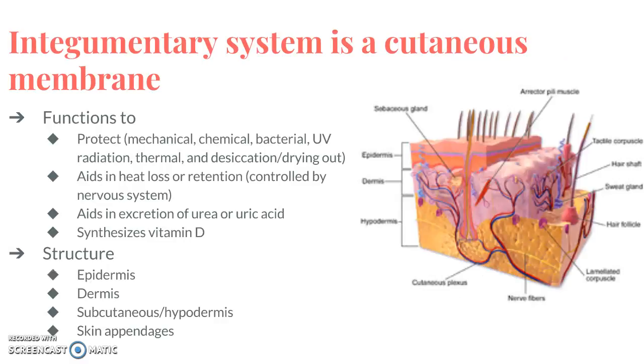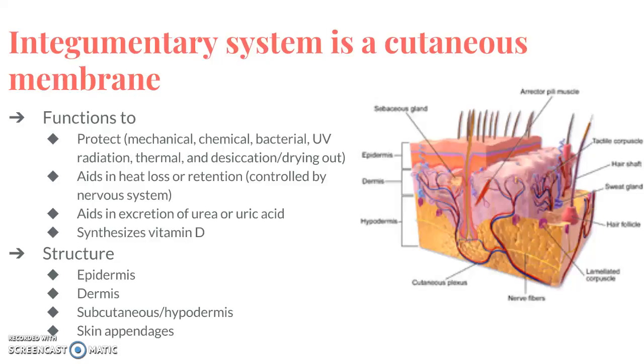So overall, our functions of the skin would be to really protect. That is the main function. Protect against any type of environmental negative effects like wear and tear, any type of UV radiation, keeps our internal organs from drying out because it just creates this barrier between us and the environment.